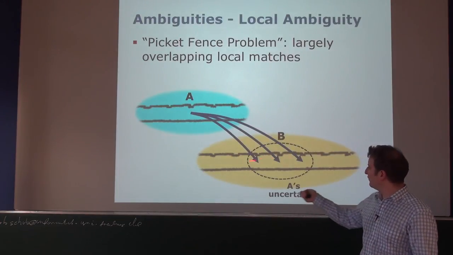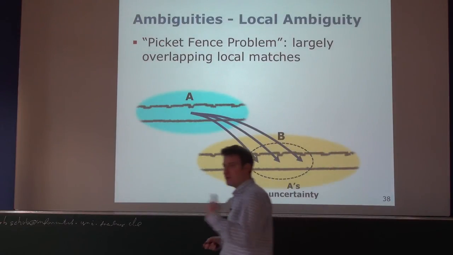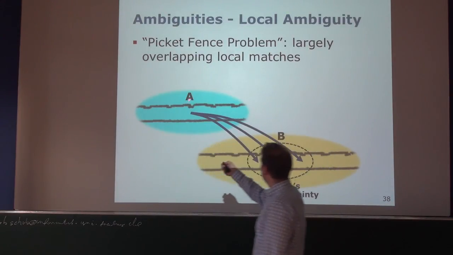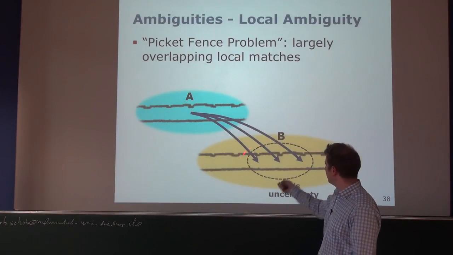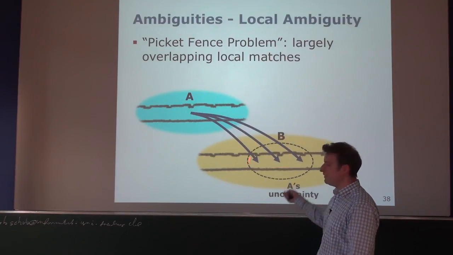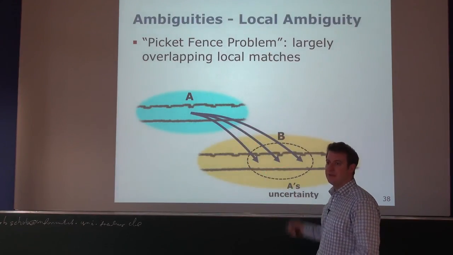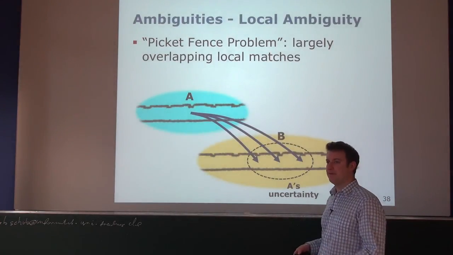And you actually see multiples of them in the map and in your scan, because it's a repetitive structure. So you say A is either here or here or here. So this is my uncertainty. Although there's no other place where A matches in this uncertainty ellipse, there are multiple hypotheses how it can match inside. And they overlap. Therefore, it's local.